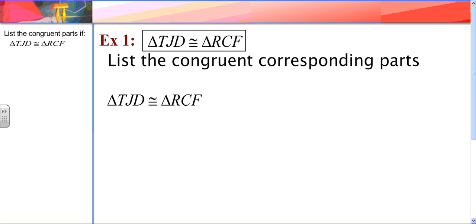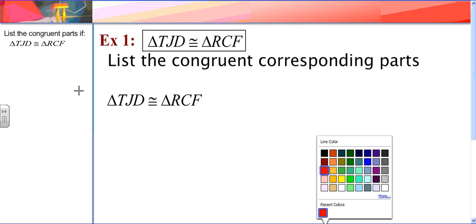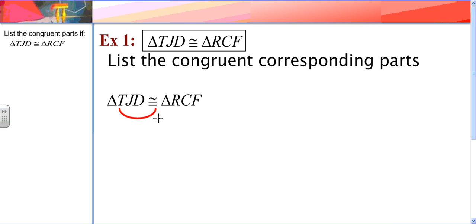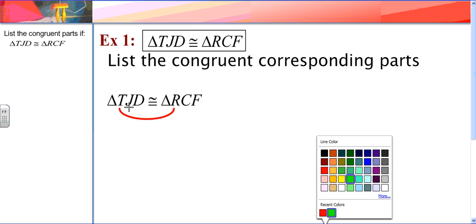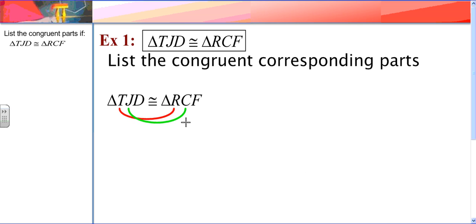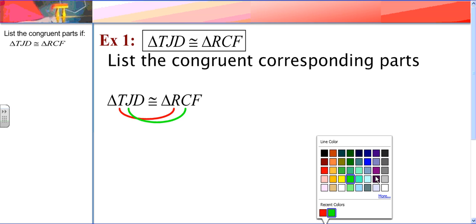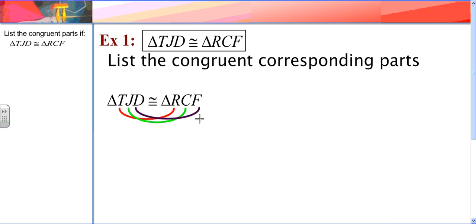Now one thing that I know is that angle T corresponds to angle R. I know that angle J corresponds to angle C in the triangles, and I know that angle D corresponds to angle F. So that's the first thing that I can list because they go in the same order. That's the first thing I'm going to do to list the corresponding parts.